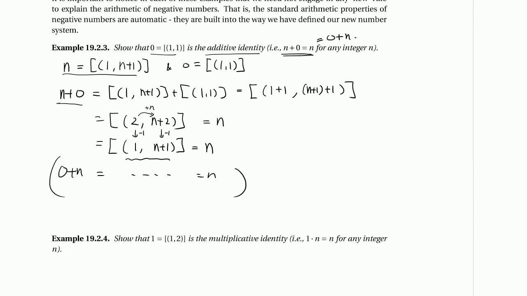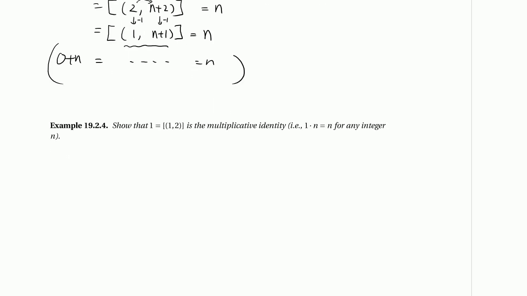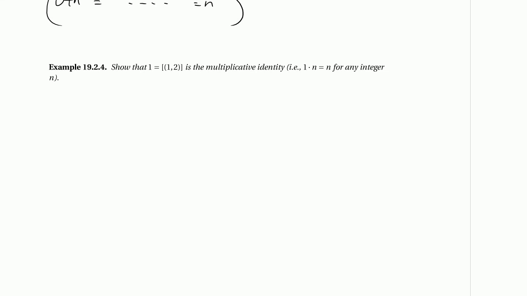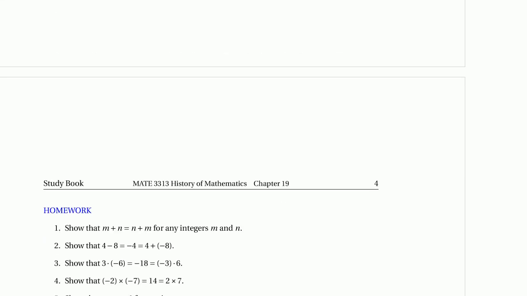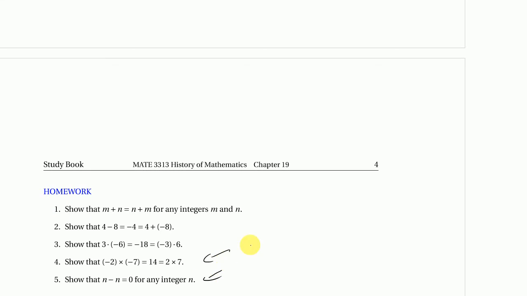So lastly, how about multiplication? We didn't cover anything about multiplication, but just to apply that rule, you will get that concept. And in the homework, you have those, right? I mean, not this one, but you need those multiplications here. So please practice with that. Here I only want to show that 1 is the multiplicative identity, which means 1 times n equals n, or n times 1 equals n, right?